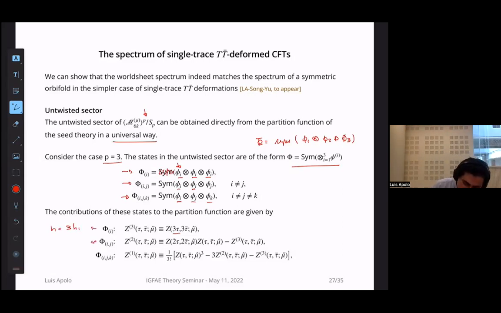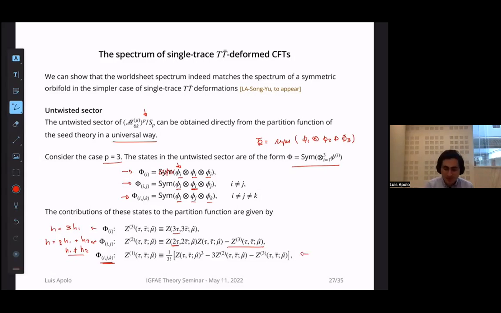For these kinds of states, the conformal weight is 2 times the conformal weight of some state, because there were 2 states that were the same, plus some additional conformal weight, with the constraint that H1 is not equal to H2. So this factor of 2 here explains the presence of the 2 tau here. And this constraint means that we have to remove some extra piece. A similar logic leads you to the contribution from the most generic state to be this one here.